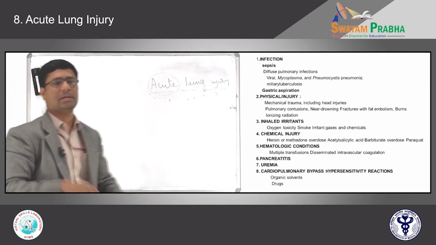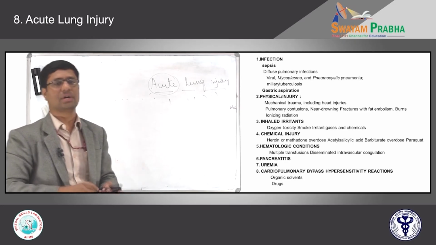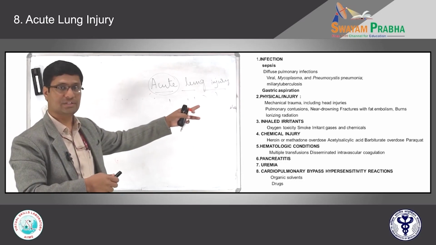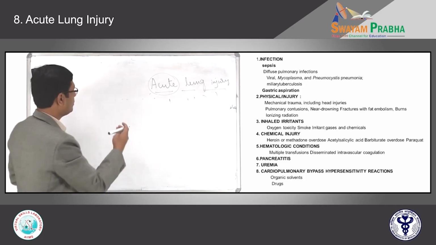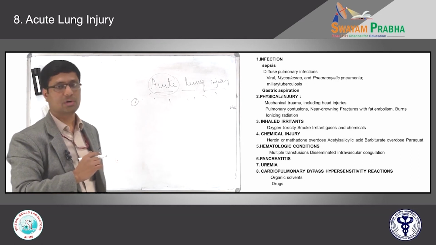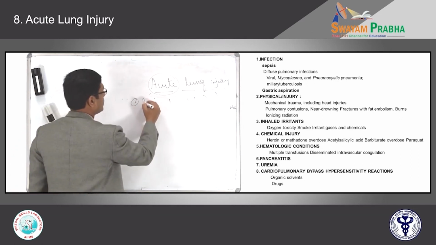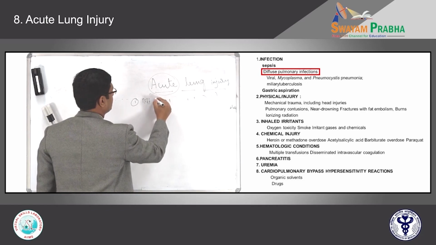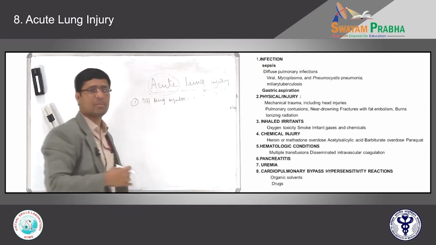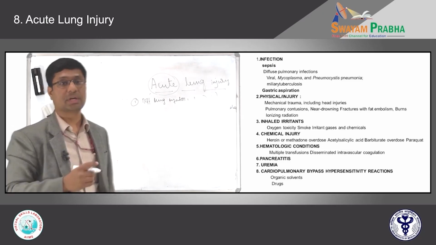There are n number of conditions which cause severe diffuse lung injury. Few of them, I have enlisted there, and some important etiological factors all of you should remember. What are any kind of diffuse lung infections? Either it can be bacterial, fungal, especially viral infections.